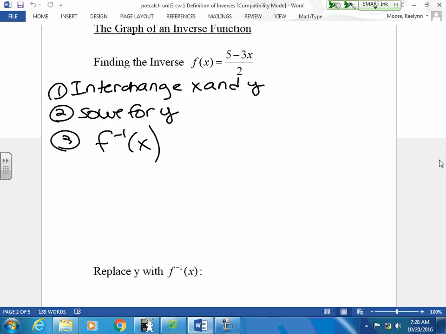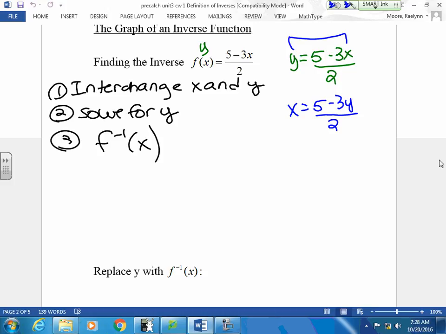All right, so we're going to change this guy to a y, make life easy. Did you do this last year? Yeah. Okay. So you're interchanging the x and the y. And you're solving for y. So what should I do?